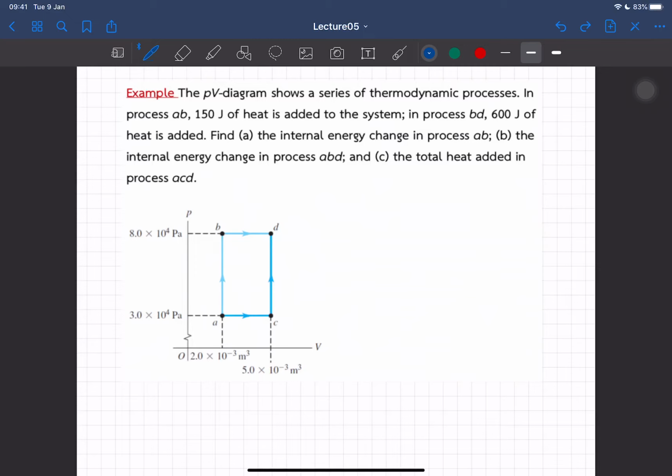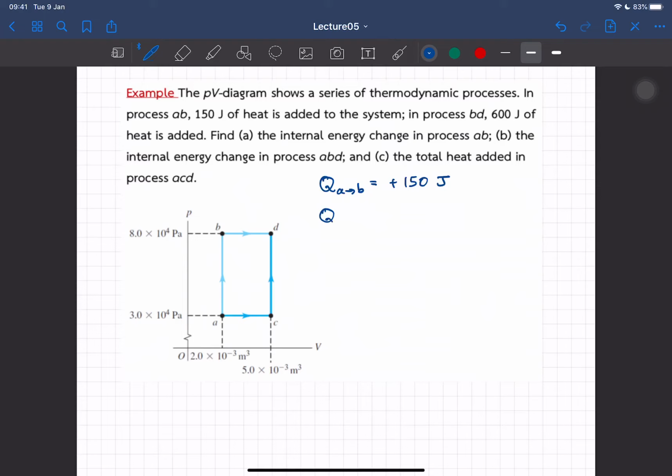So from A to B, let's just write it here. So Q from A to B, you add 150, so let's just write plus 150 joules. And then from B to D, more heat is added.